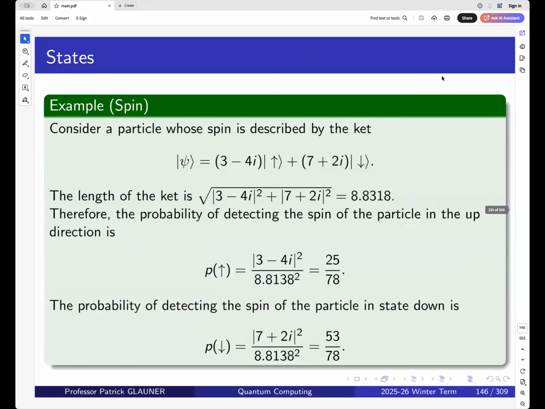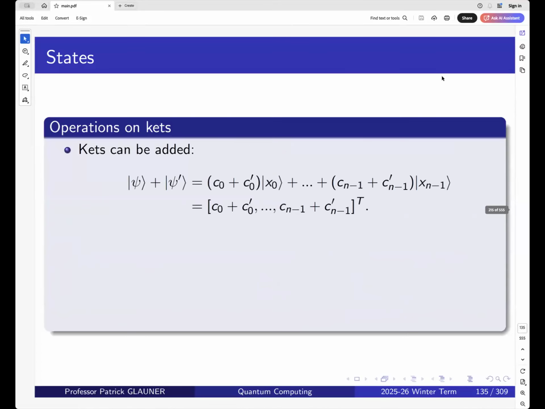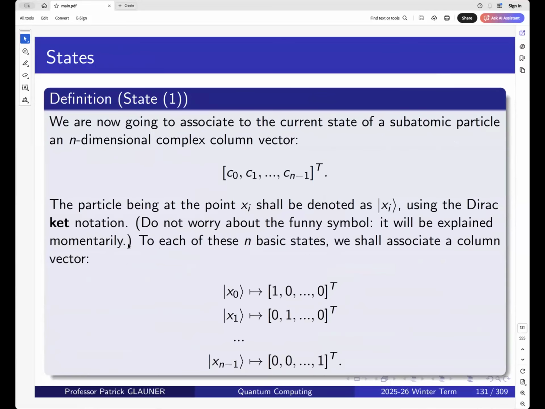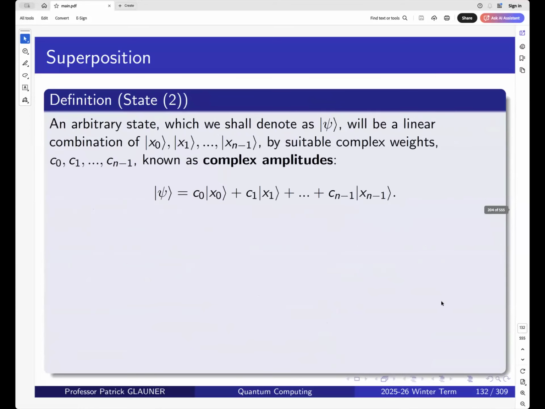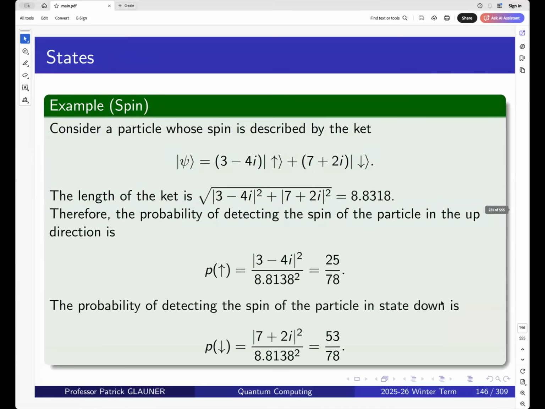And that's exactly what we also built in the very beginning today, when we introduced our basis states, which were these ones here. They are all orthogonal to each other, and that means the basis is so-called orthonormal.